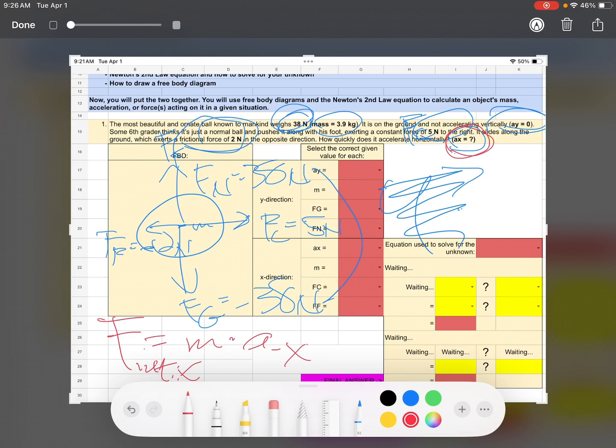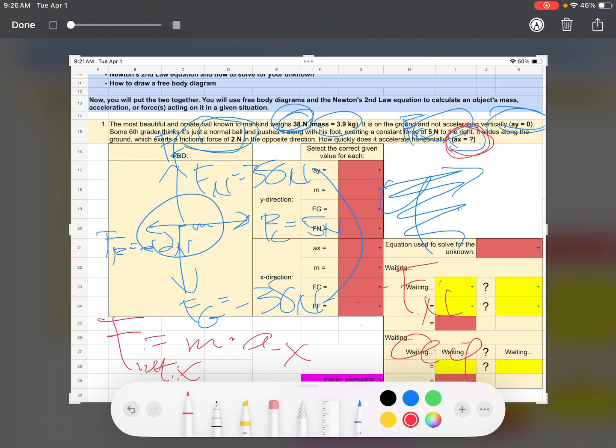So if you're solving for acceleration in the X direction, you're going to use X direction forces. Or likewise, if you're solving for something in the Y direction, like a normal force, then you're going to use Y direction acceleration for it.